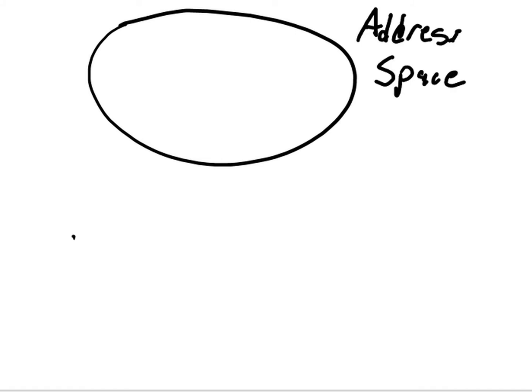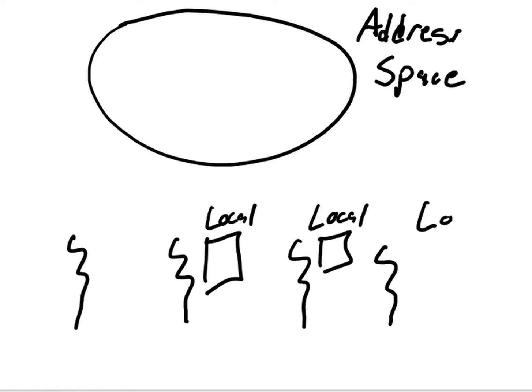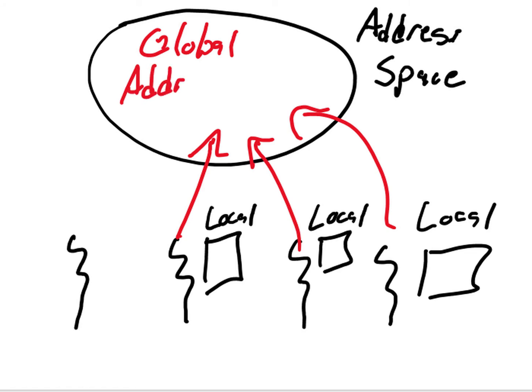What I mean by that is the threads that are running might have some local information that pertains to that thread, like some local variables, but they can all be referencing some sort of global address space, basically variables.